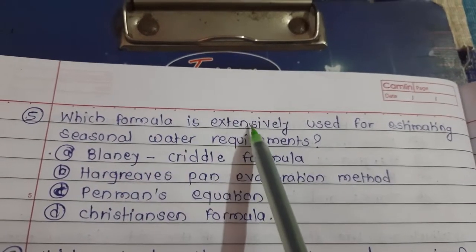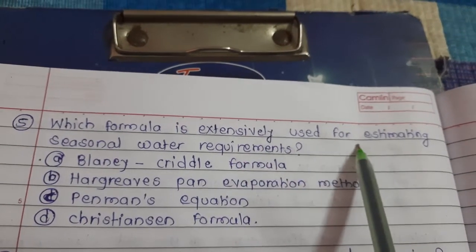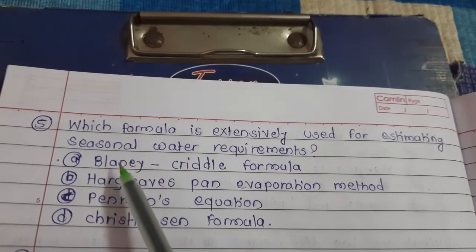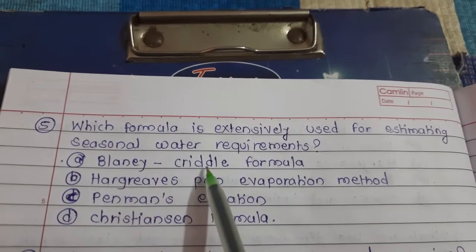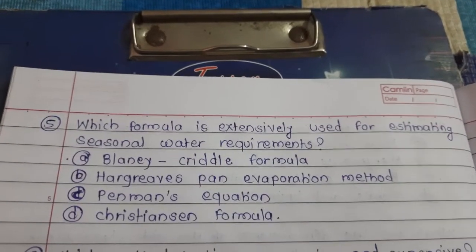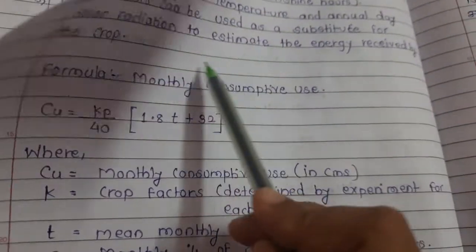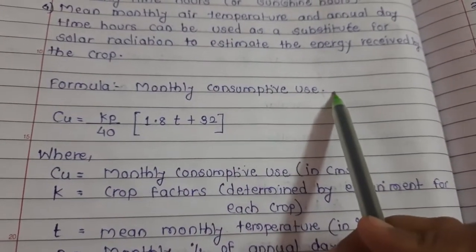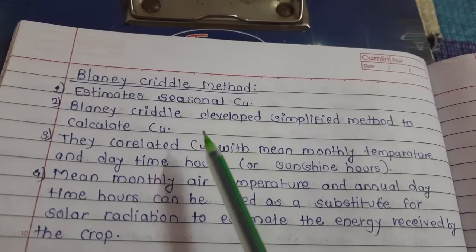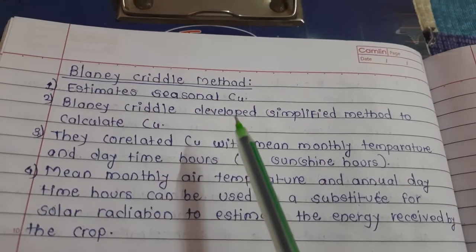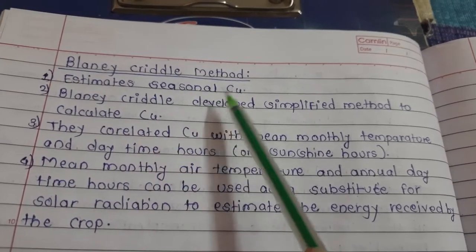Which formula is extensively used for estimating seasonal water requirements? Blaney-Criddle formula, which is used for seasonal, estimates seasonal CU, not monthly consumptive use.